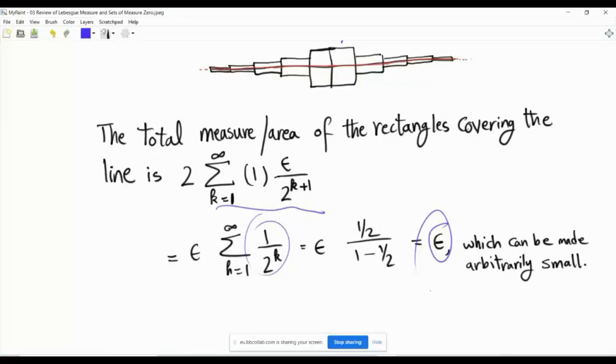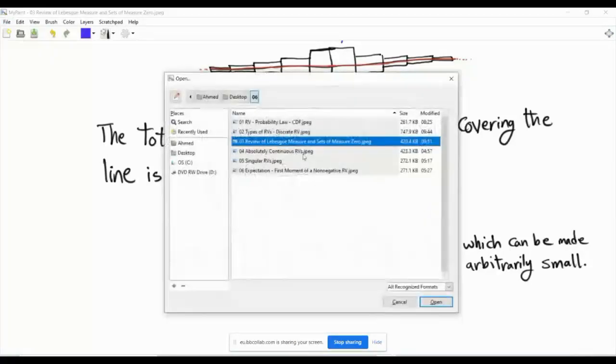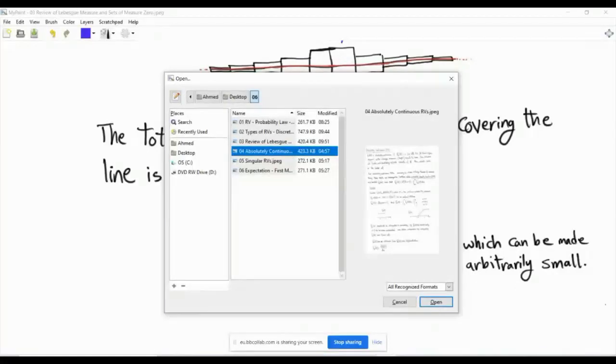In that case, we have the so-called sets with Lebesgue measure 0. Okay. So this is a review of what we said, because this is integral to the definition of a continuous, or the formal name, absolutely continuous random variable. So what is the definition?